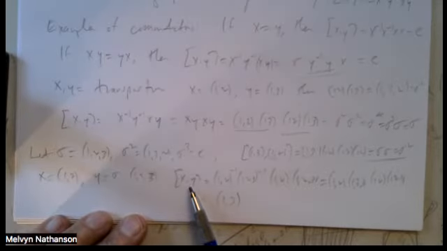So it's (1 2)(1 3 2)(1 2)(1 2 3). Let's see, this I have to calculate. 1 goes to 2, 2 goes back to 1, 1 goes to 3. So 1 goes to 3, 3 goes to 2, 2 goes to 1, 1 goes to 3. So that's this transposition. 3 goes to 1, goes to 2, goes back to 1. So this commutator is just (1 3).